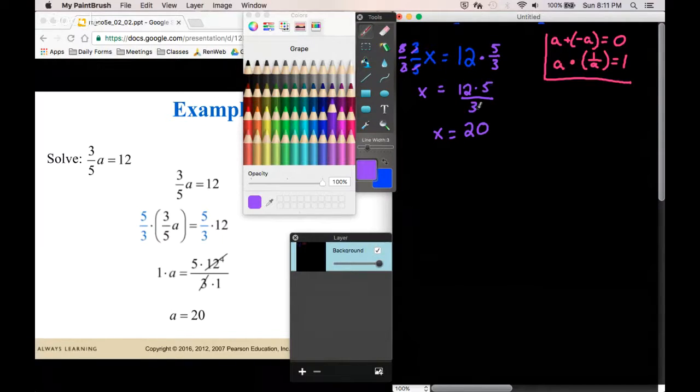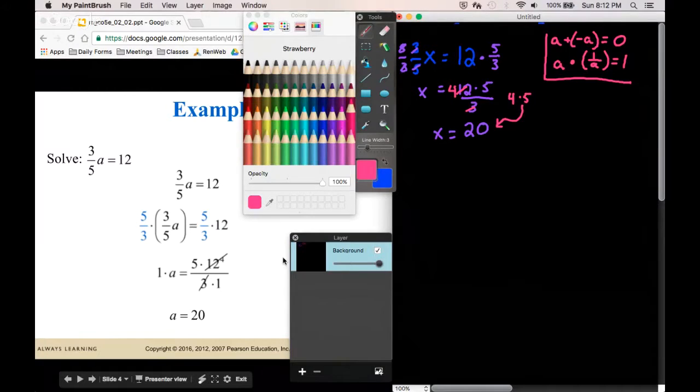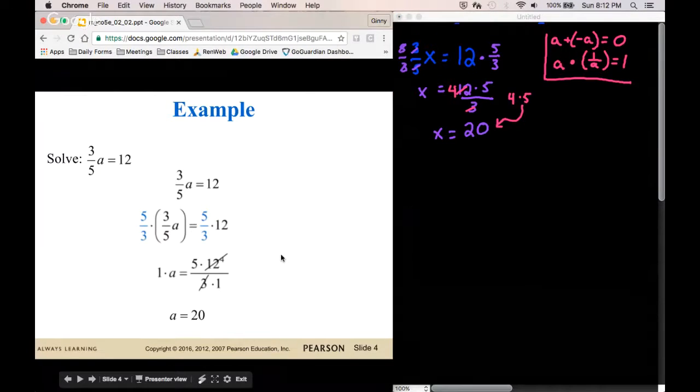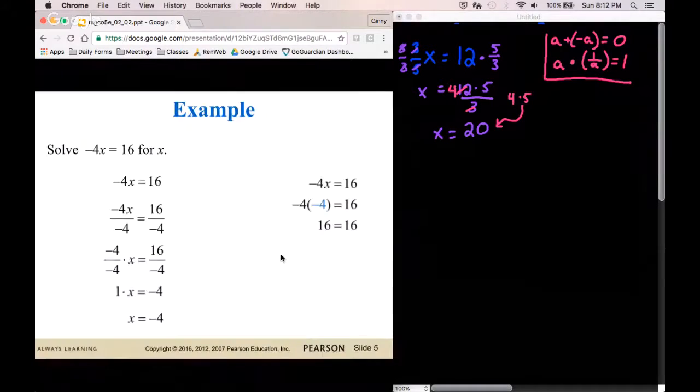You can actually do 12 times 5, or the example that they give you is they say, hey, look, 3 goes into 12 4 times, so then you would just have 4 times 5, and 4 times 5 is 20. So the multiplication property of identity and the addition property of identity are what's going to allow you to do the same thing to both sides without changing the equation.